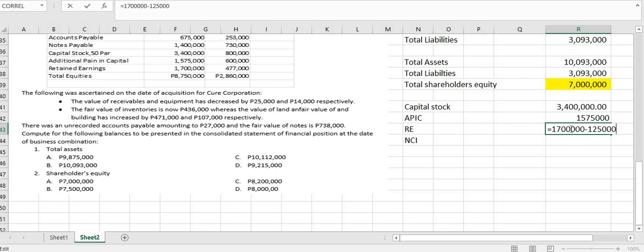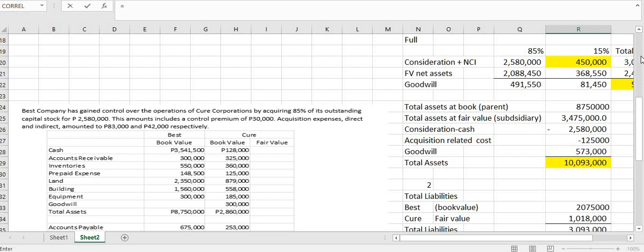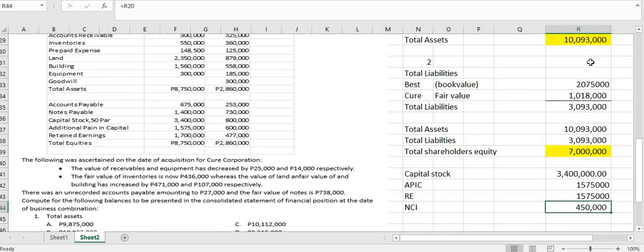That's 1,700,000 less 125,000, or 1,575,000. And then our NCI is 450,000. So this will be your total stockholders' equity.